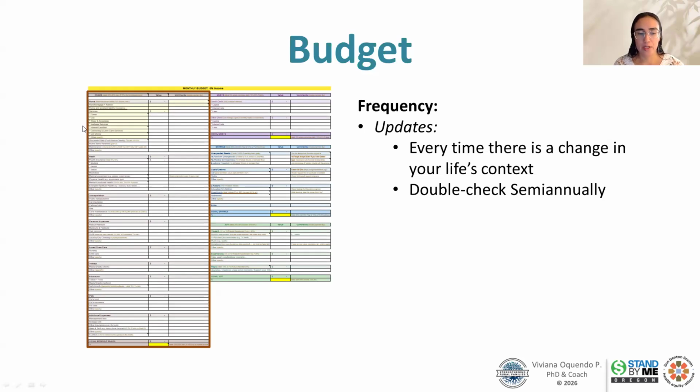But for instance, if I budget something for groceries and maybe I am not sure if that's what I am actually spending, maybe I need to track my grocery shopping for some time until I actually realize how much it is and I can adjust the budget.